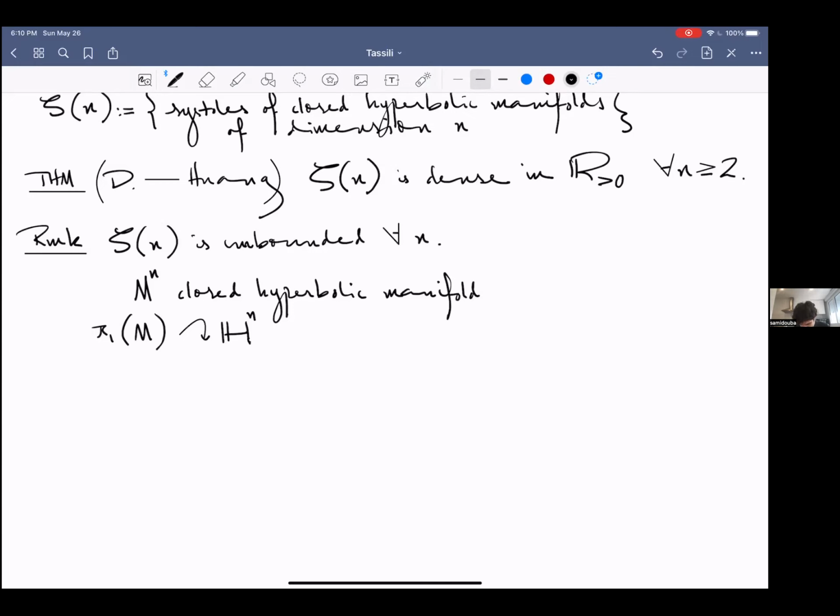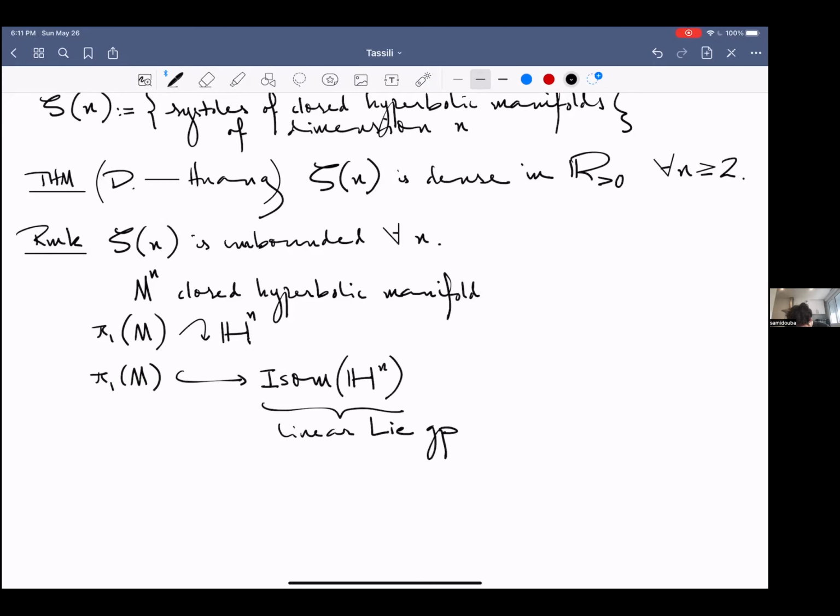So we get an embedding of Pi1 M into this Lie group, which is a linear Lie group. In fact, it's isomorphic to this group.